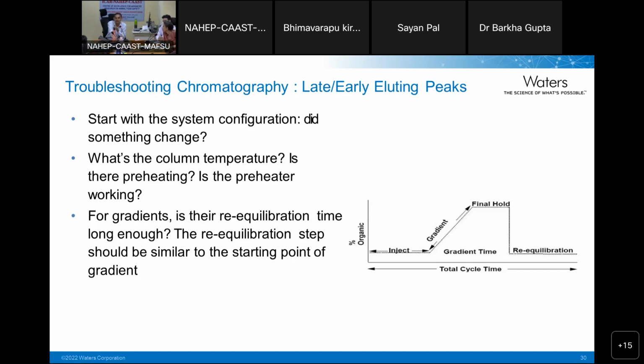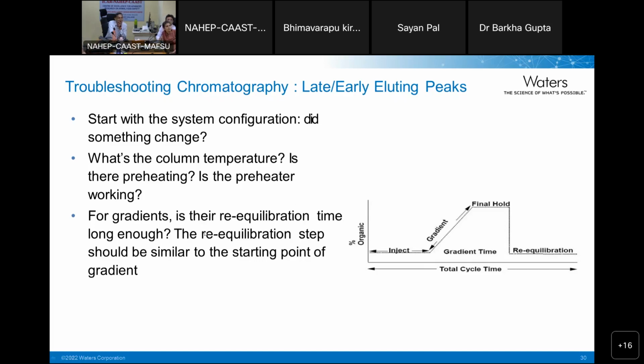There is no thumb rule as such what temperature has to be set. That could be one of the reasons. One reason could be this next point over here.